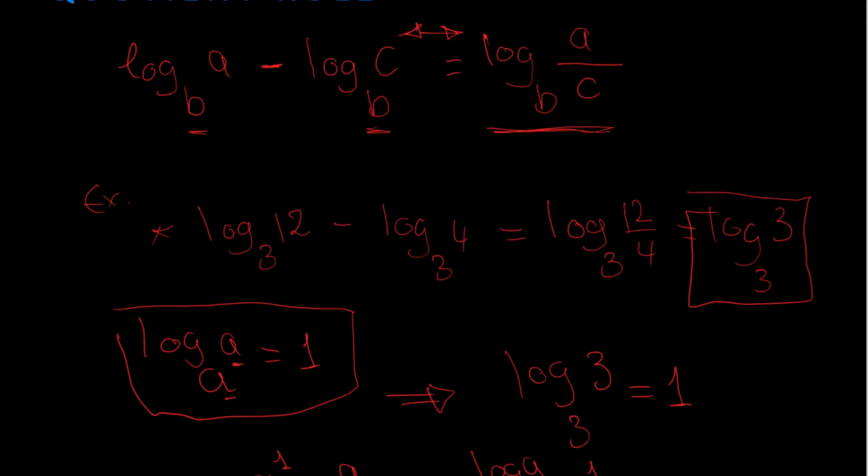So let's jump to the next rule, which is the power rule. The power rule states that log base a of b, where b is raised to the power of c, is equal to c log base a of b.